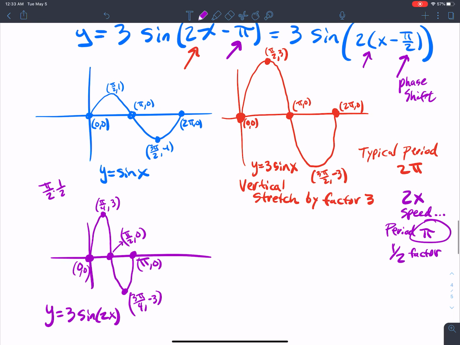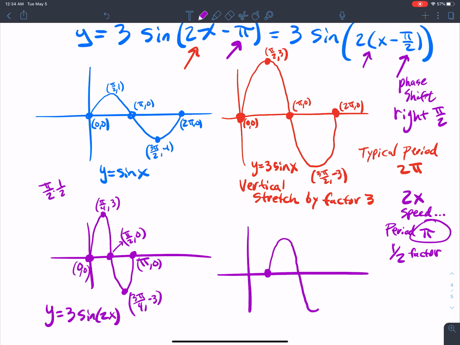So this phi here is shifting to the right pi over 2. So we take our graph and we shift it to the right pi over 2. So we start here at pi over 2, 0.